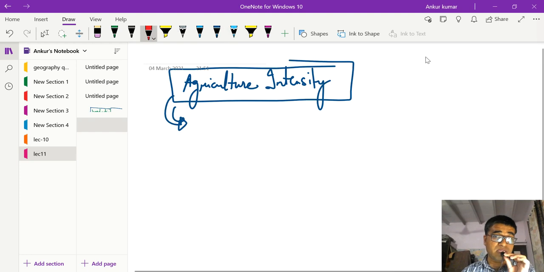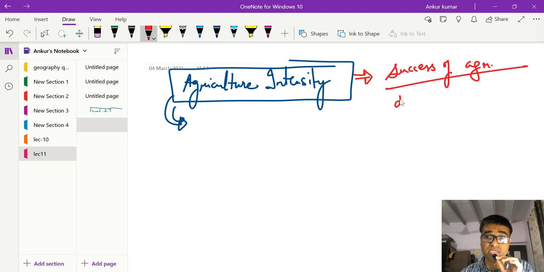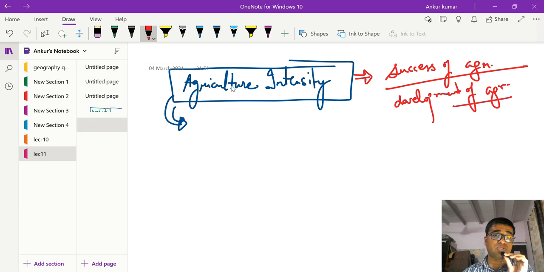Again, as I said, we need to have some measures through which we can measure the success of agriculture, the development of agriculture, how developed our agriculture is. So another method in that series is agriculture intensity.